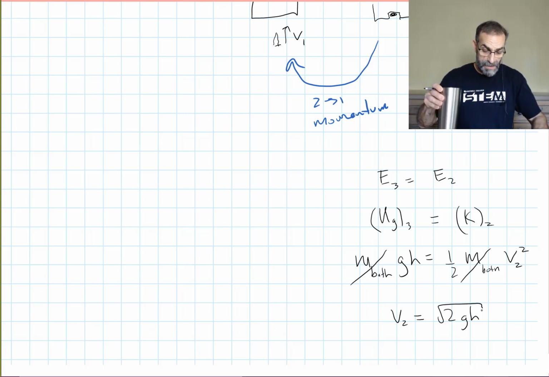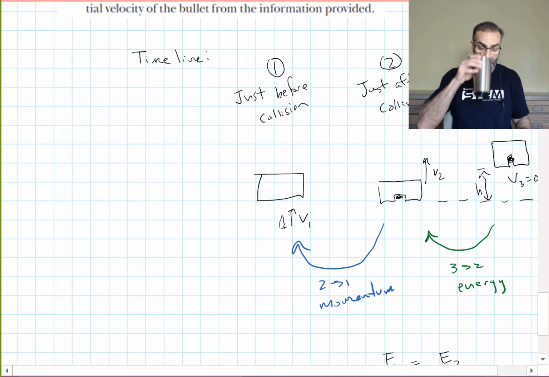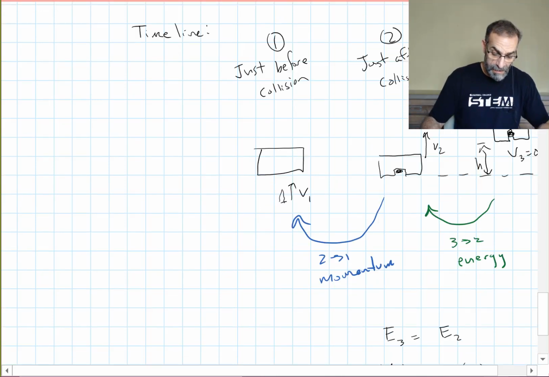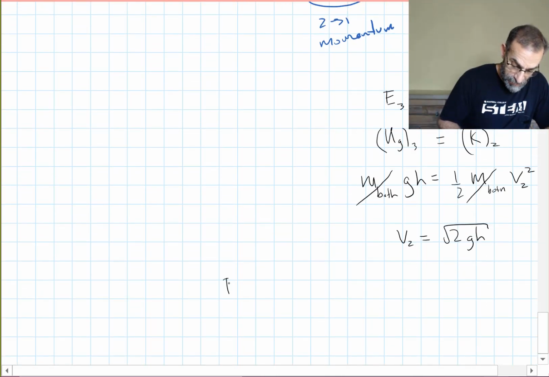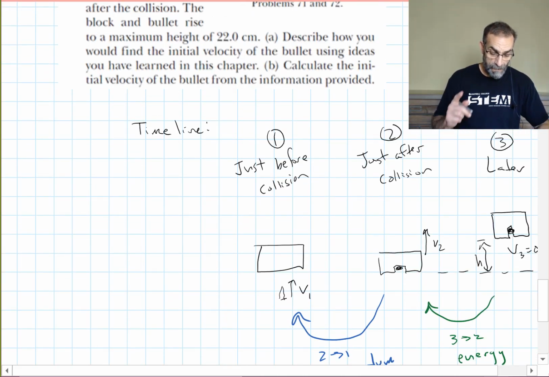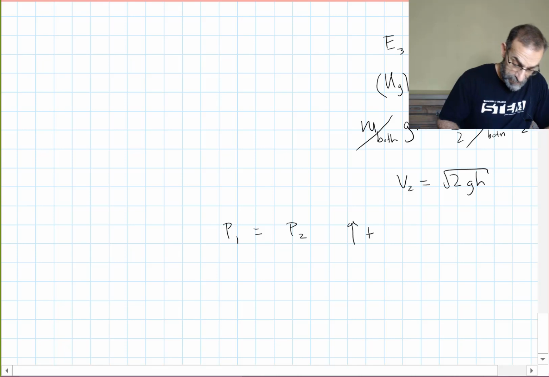Then we go back to our timeline. And we do momentum. Momentum at time 1 has to equal the momentum at time 2. I'll say up is my positive direction. Forgot which problem I was working on. At time 1, only the bullet has momentum. The block doesn't have any.